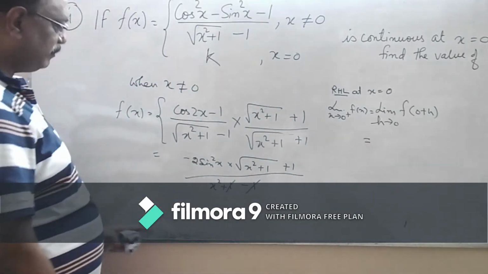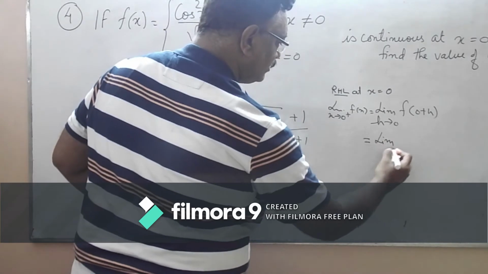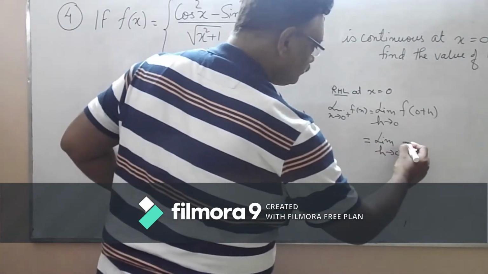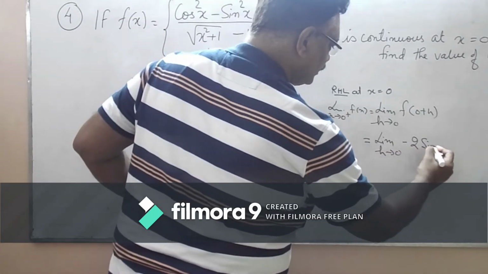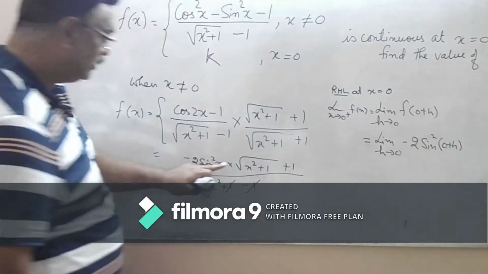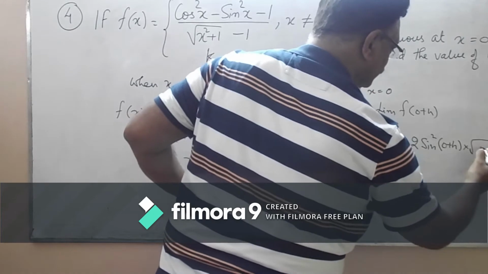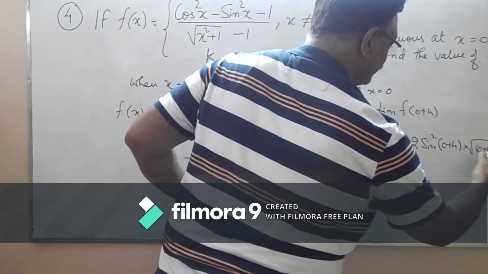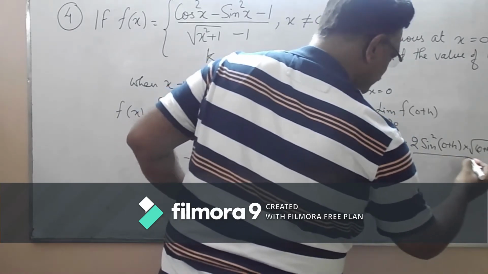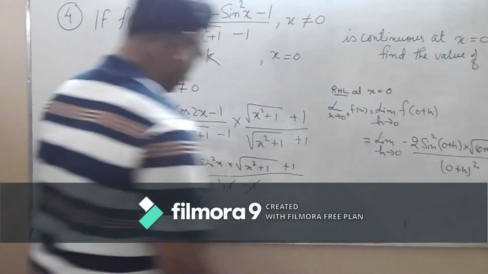Now let us apply that in this given function. Limit h tending to 0 of −2 sin²(0 + h) into √((0 + h)² + 1) divided by (0 + h)².